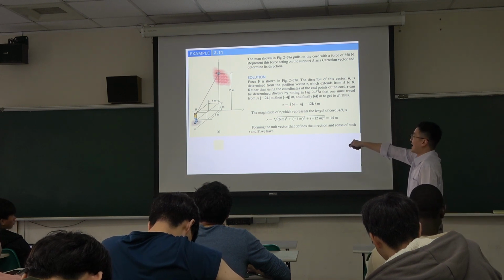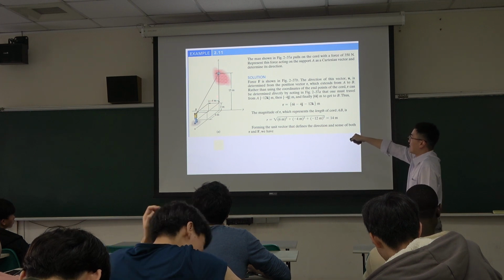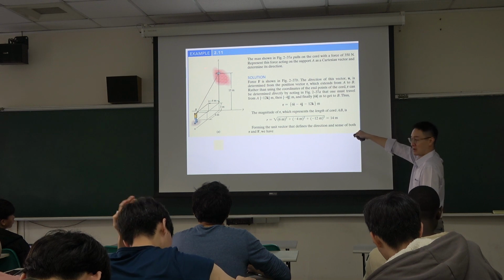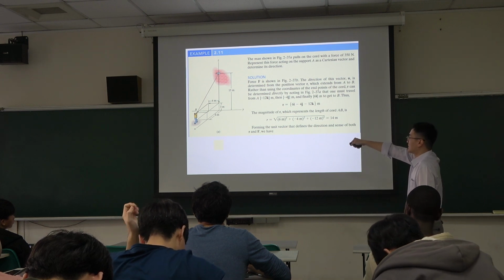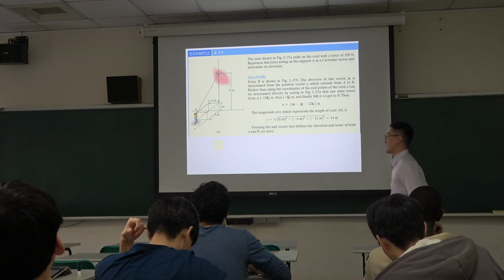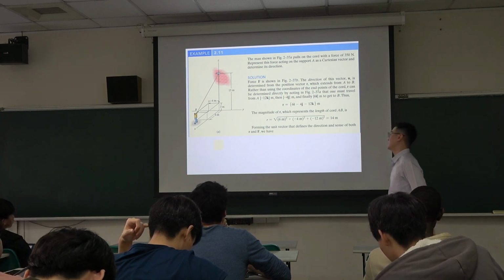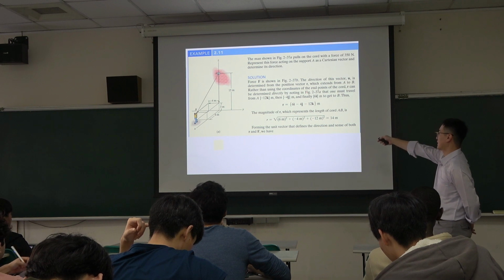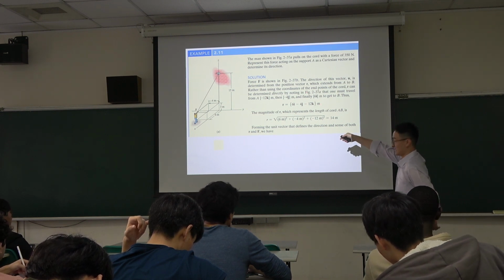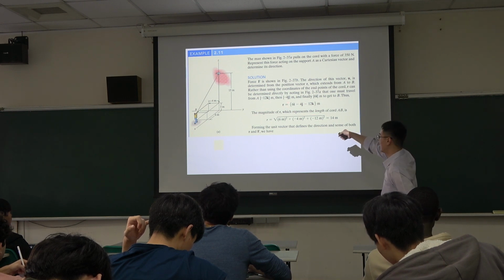Okay, then for the y-axis, B is negative 4. Okay, Z is not Z. A is also 0. So we use negative 4 minus 0. Okay, then this part is 3 minus 15. So it's negative 12. So the position vector from A to B can be represented this way.